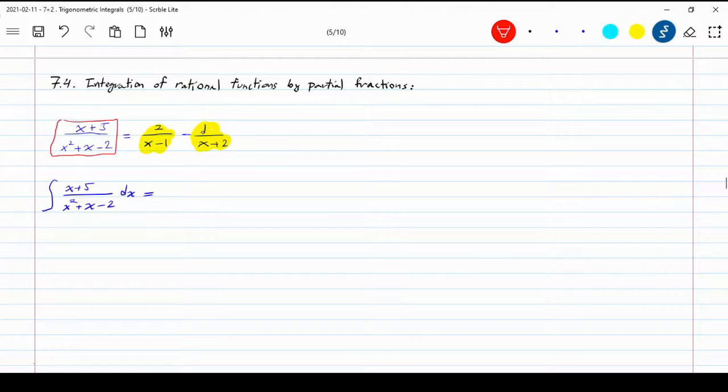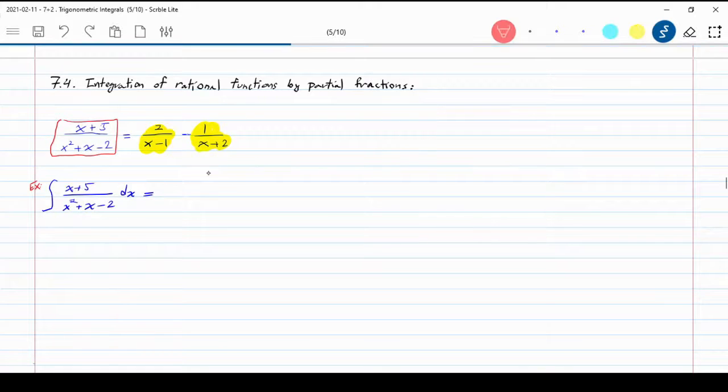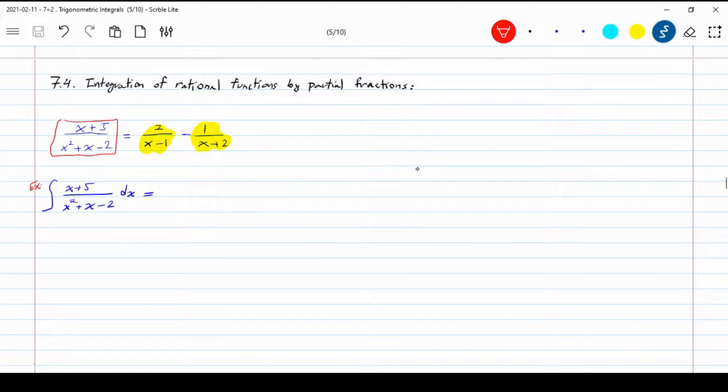So let's say this is the first example. Let's say they've asked you to calculate the integral of x plus 5 divided by x squared plus x minus 2 dx. Notice the first idea is always to try a substitution. This is always the first technique. You say u equals x squared plus x minus 2.